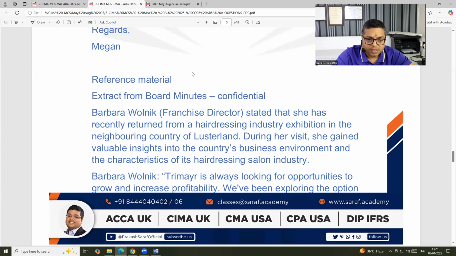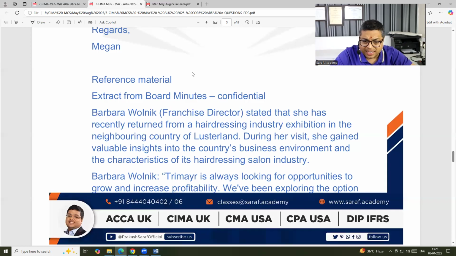Confidential. Barbara Wolnick, finance director, stated that she has recently returned from a hairdressing industry exhibition in the neighboring country of Lusterland. From India, suppose Sri Lanka, or maybe from UK to Ireland. Feel that it is not a question, it is a neighboring country.